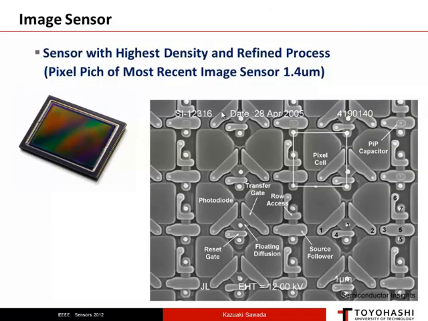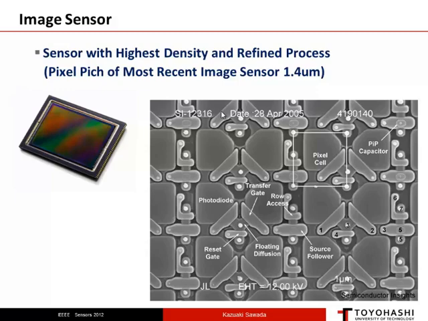I believe the optical sensor is the sensor with the highest density and most refined process. This picture is the pixel structure of optical image sensors. Most recent image sensors have a pixel pitch of 1.4 by 1.4 micrometers.